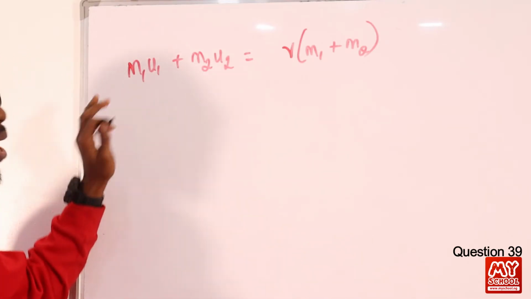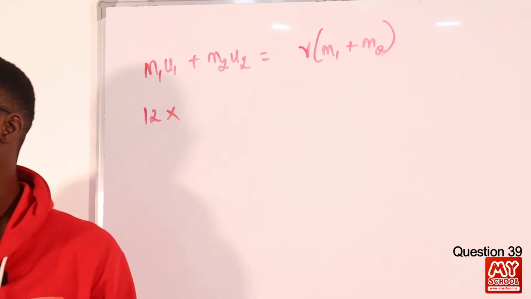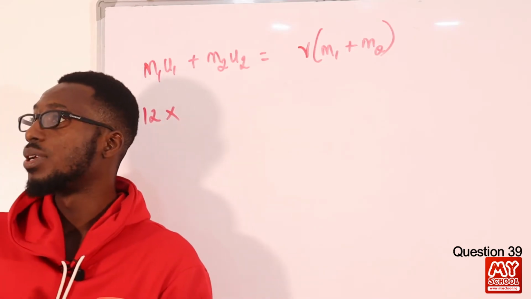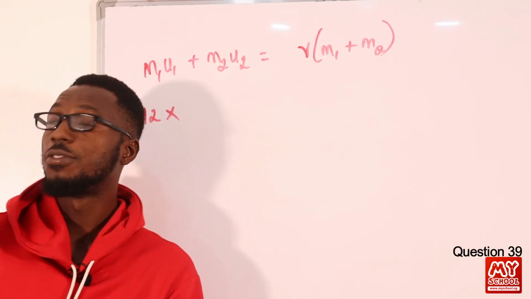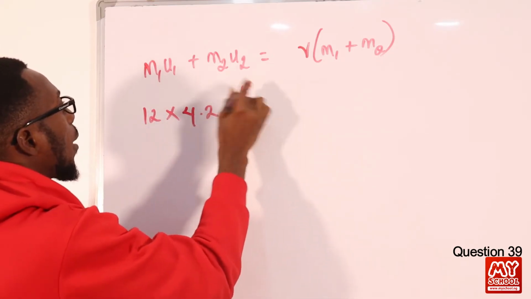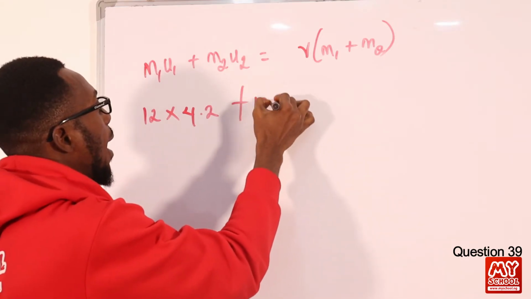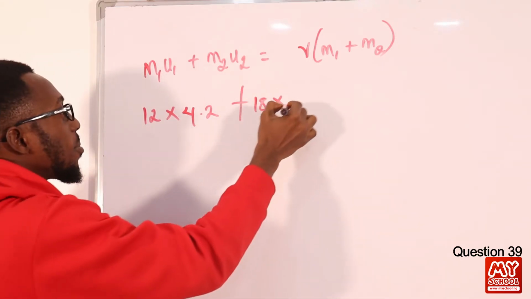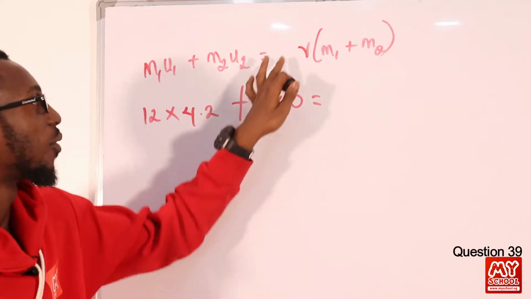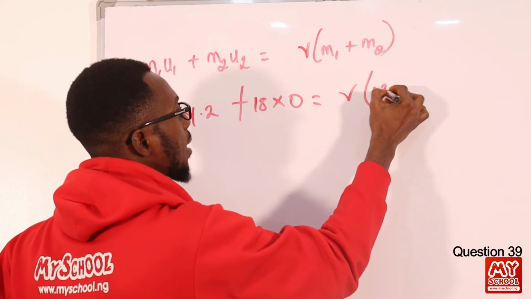M1 we're given 12. The speed at which it was traveling was 4.2, plus the mass M2, that is 18 kg, from rest, that is 0, equals the common velocity which we are looking for, times the addition of both masses.